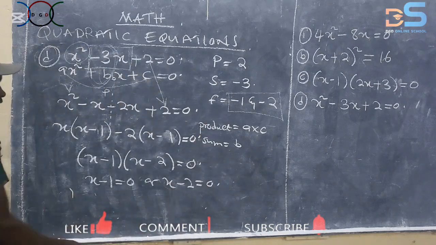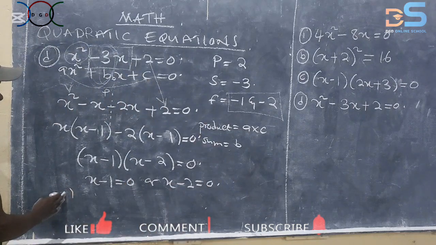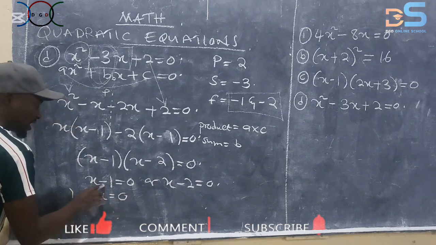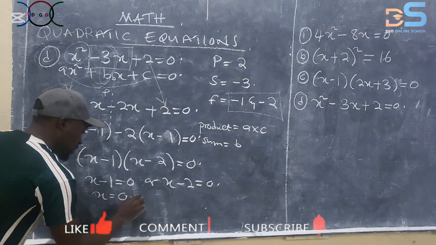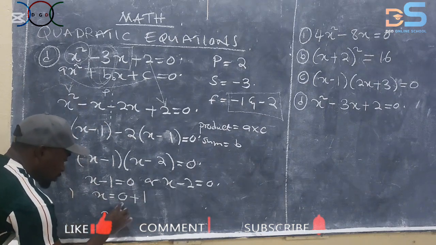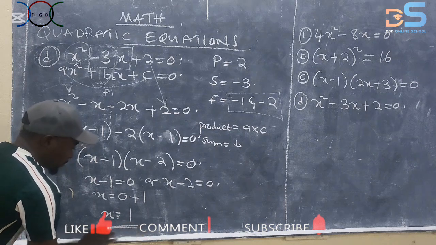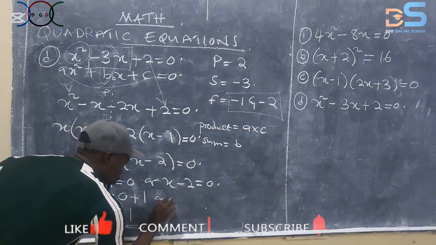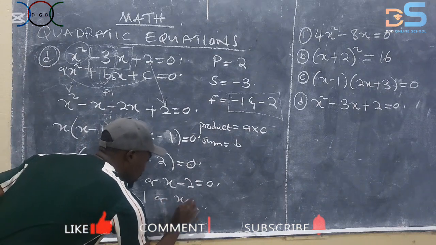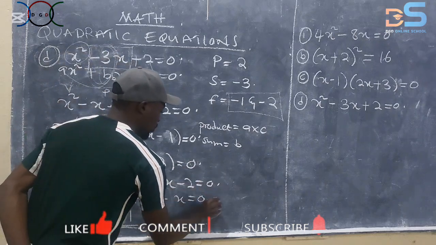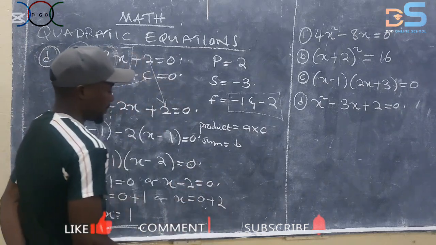Then you begin with the first part, where you say x equals 0. When this -1 crosses the equal sign, it becomes plus 1. So our x will be 0 plus 1, which gives 1. That is our first value for x. Then we say, or x equals 0. When this 2 jumps the equal sign, it also becomes a positive.